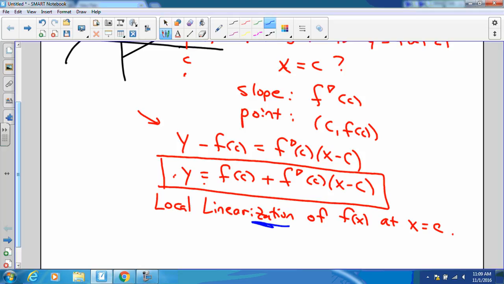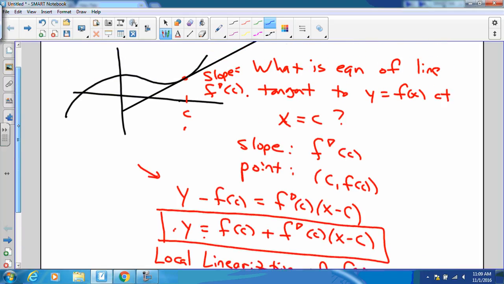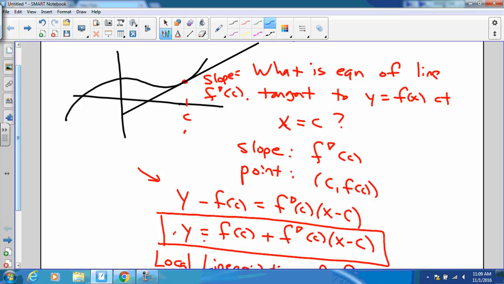This English suffix, ization, means essentially to make something like. So if we colorize a photo, that means we take a black and white photo and we add color to it. So we make it like a color photo, essentially. Here, linearization means that we're going to take a function that is clearly not a line, f of x is clearly not a line, and we are going to pretend that it is a straight line.